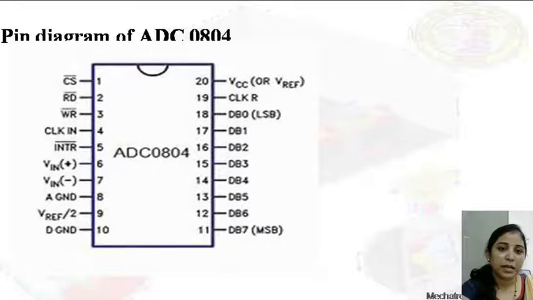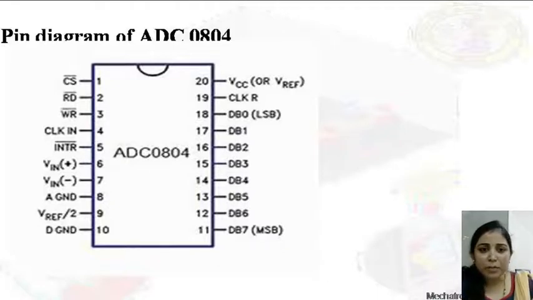The other important pins are control pins: chip select, that is CS, RD, read, and WR, write. All these pins, chip select, read, write, are active low signals. So whenever we give 0 as the input, it will be active.